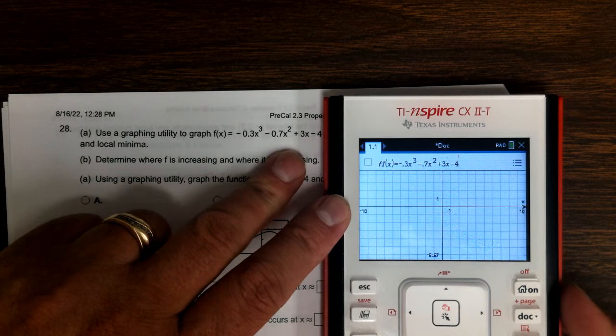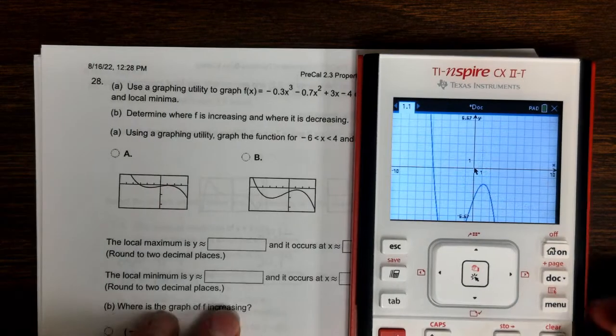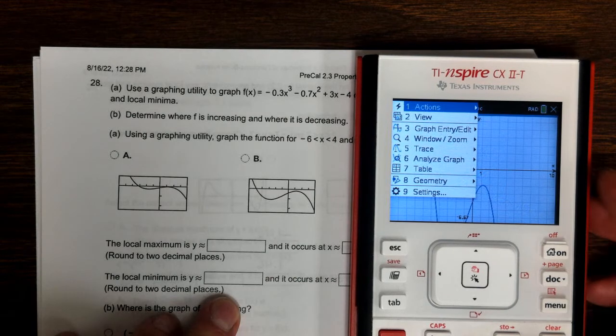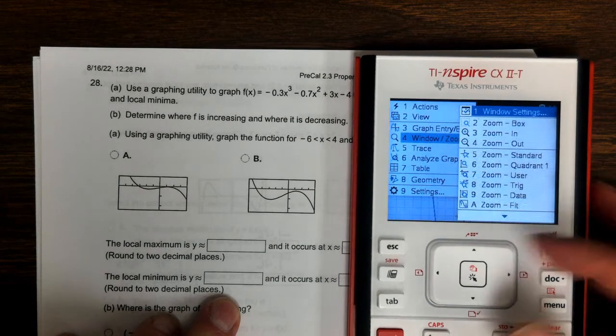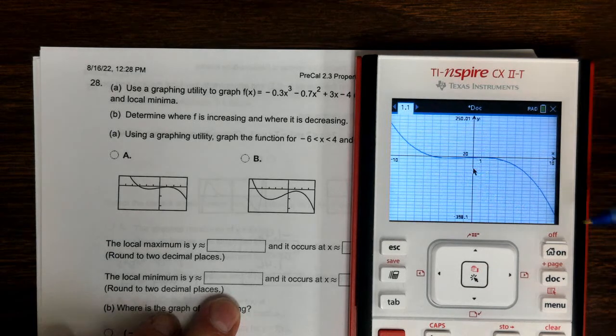Lots of movements on this. Okay, so you may want to do zoom fit. Menu for A is zoom fit. So it looks like that.